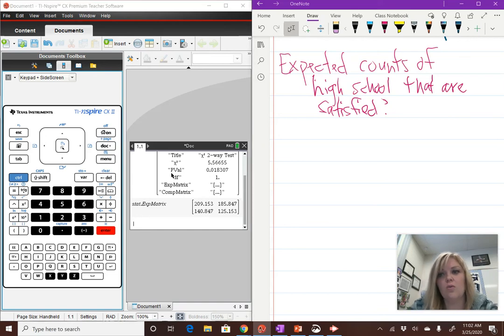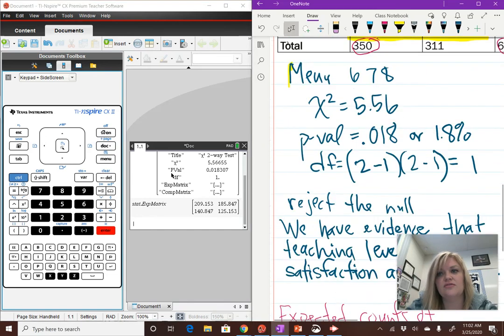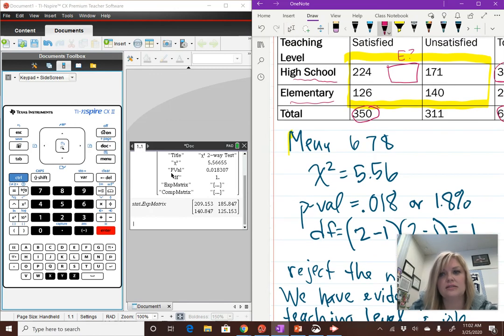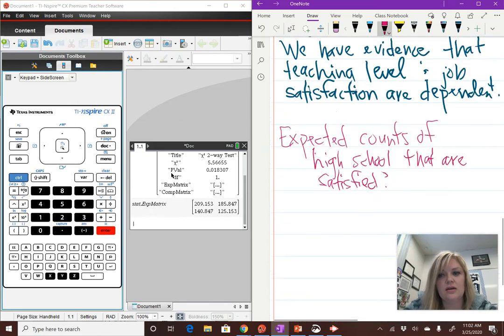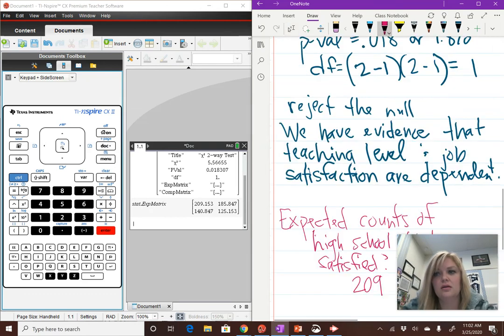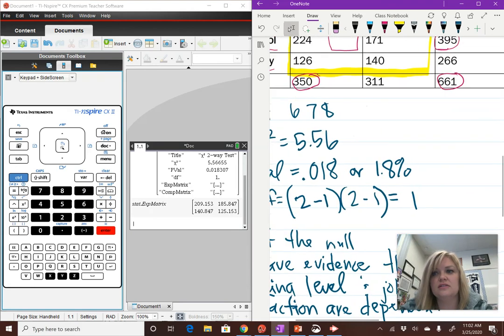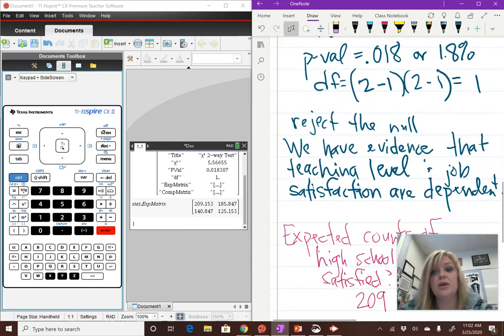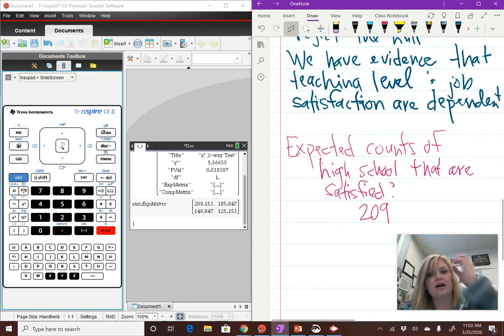So if I want to know, well, high school that are satisfied, was that the top left cell? Yes, that was. So then top left number is the 209. So I expect 209 out of my total sample of 661 to be high school teachers that are satisfied with their job. Okay?